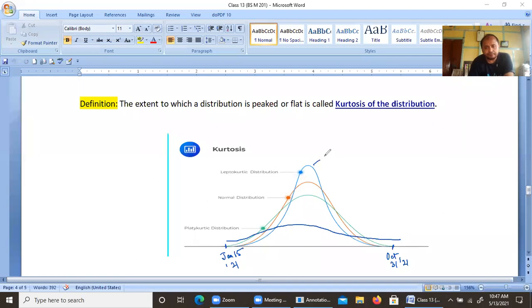Suppose this is the curve of West Bengal. This is the curve of Assam. And suppose this is the curve of Tamil Nadu.